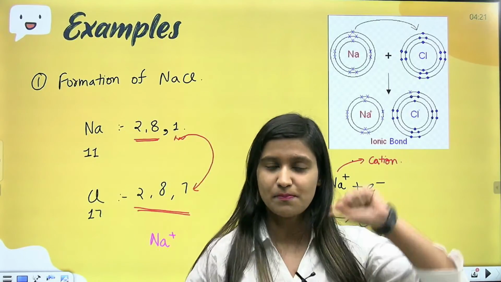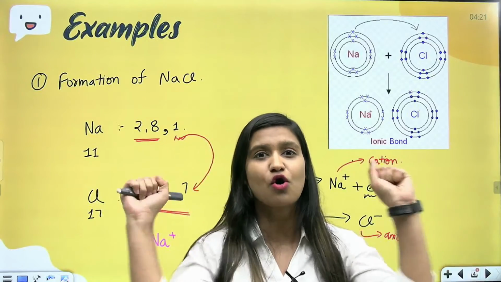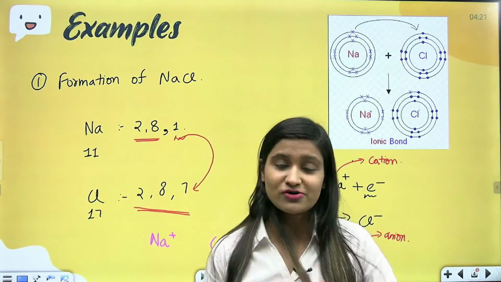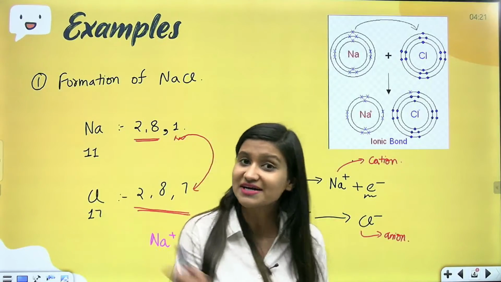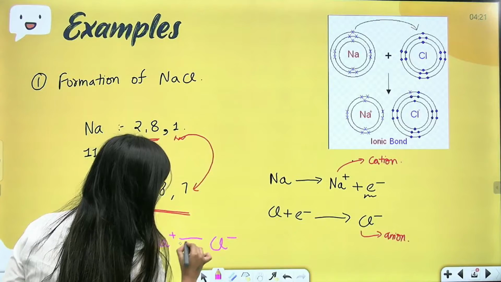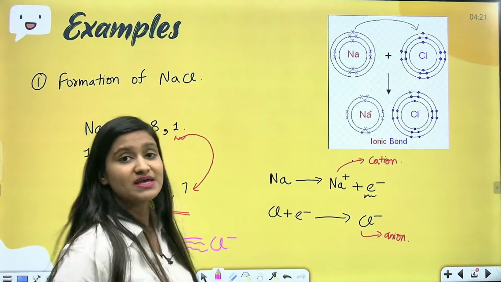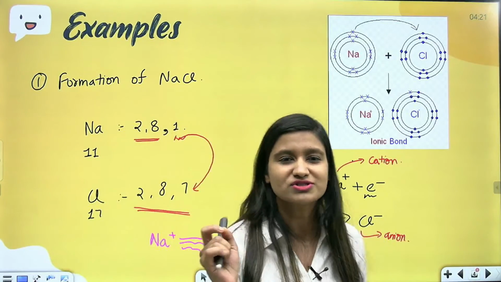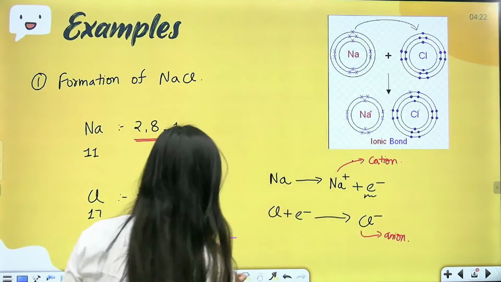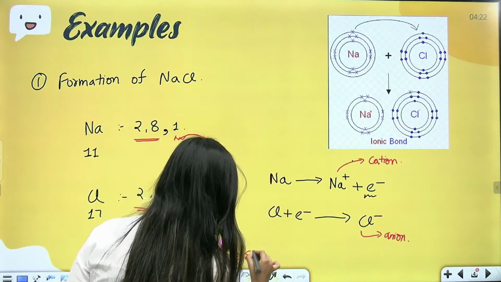A positive and a negative will always attract each other. Always. Remember it. The opposite charges attract each other. So they will have a strong force of attraction, which is called electrostatic force of attraction.